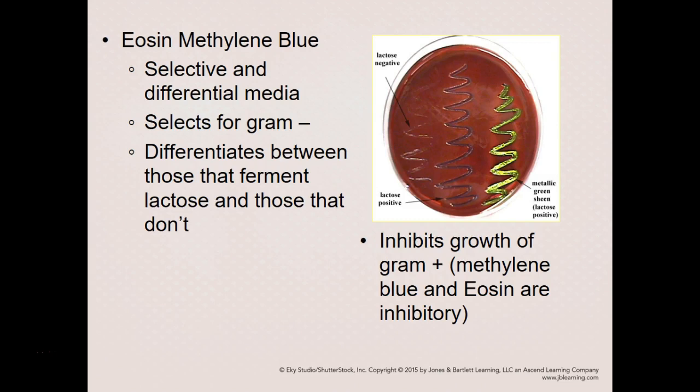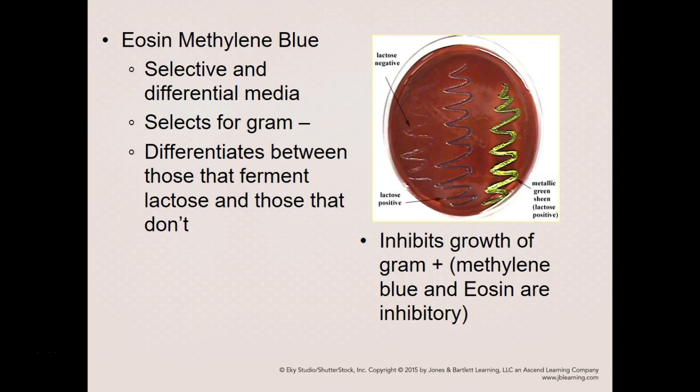Eosin methylene blue is selective and differential as well. It selects for gram-negative growth, so it does not allow gram-positive growth. Methylene blue and eosin are the inhibitory agents that inhibit gram-positive growth. And then it differentiates between those that ferment lactose and those that don't.